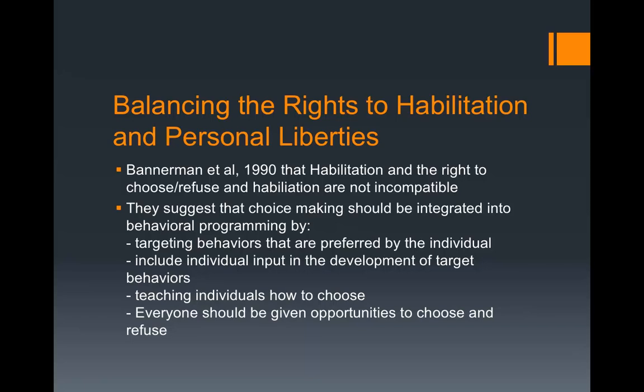And then finally, they just emphasize that everyone should be given choices to choose and to refuse.